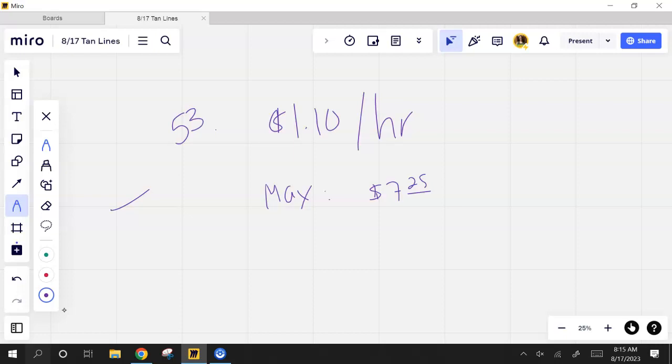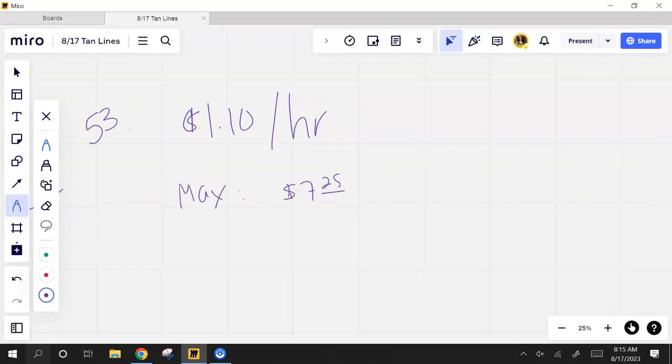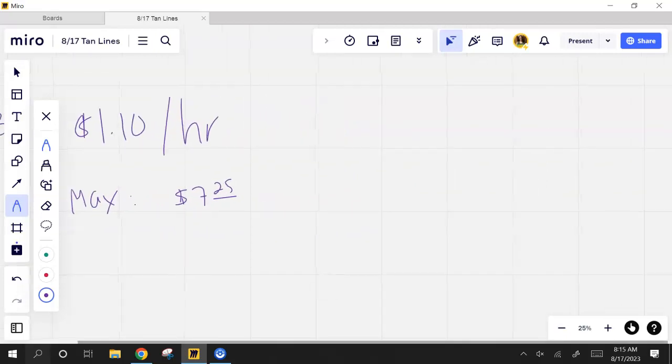Okay. Anyway, write a formula that gives the charge for X hours between 0 and 24. Any ideas? So between 0, this is the maximum, right? So it's $1.10 per hour, and we'll let X be the hours.